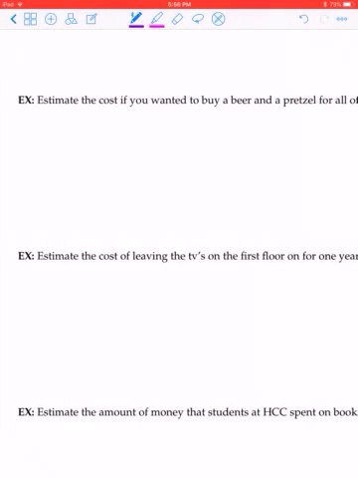So when you do these estimate problems, you have to make some assumptions. And I'm not going to be able to ask you anything too off the wall on something like this on a test, because I can't assume that you've ever seen a Ravens game, so that you would be able to estimate how many people are there, or that you've ever been to a professional sports game, so you would be able to estimate the cost of something that's being sold there.